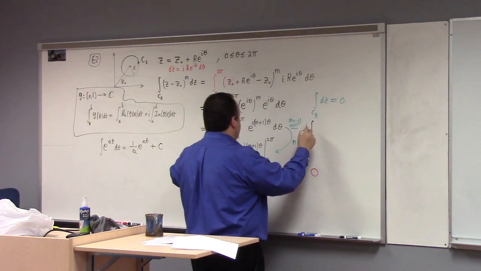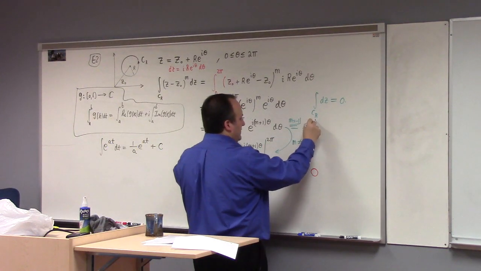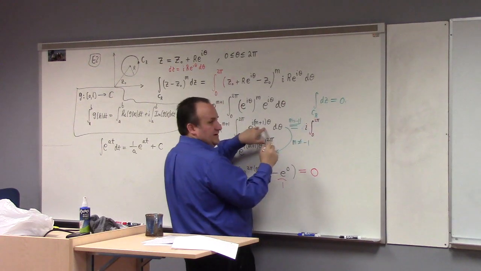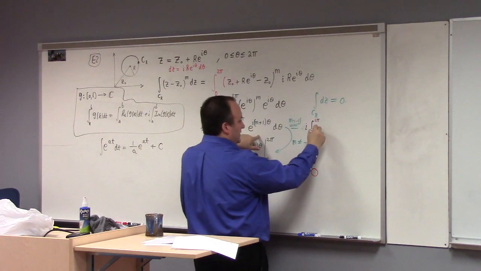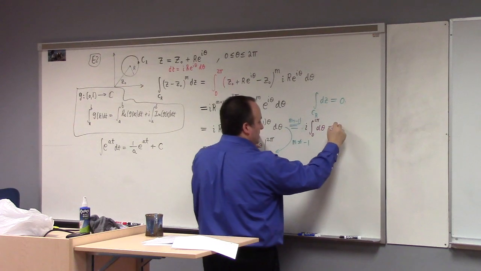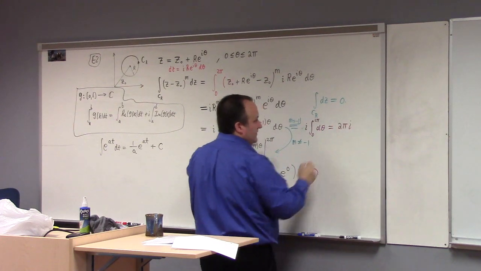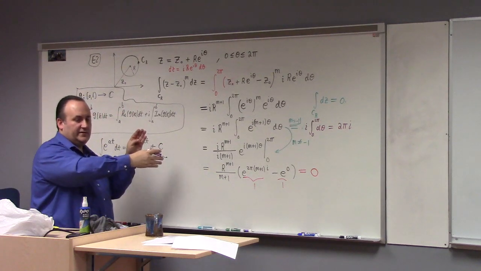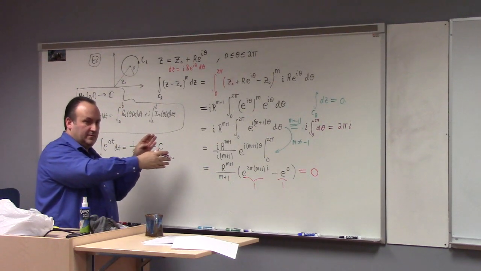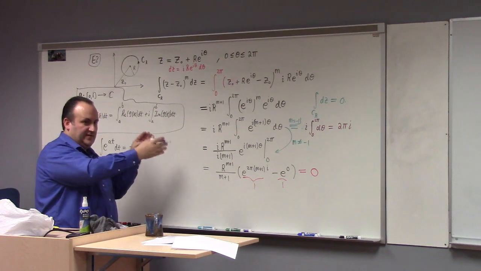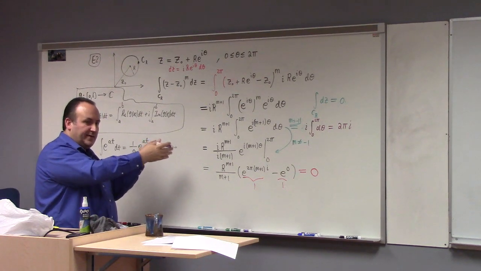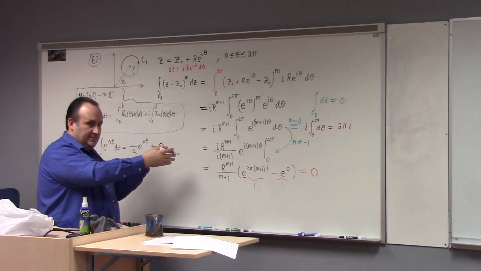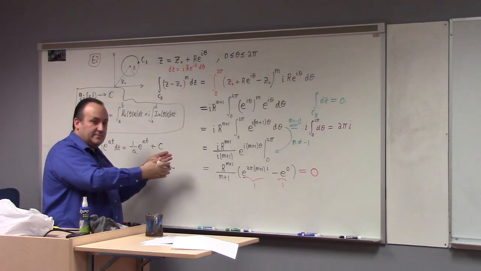And we've got the integral 0 to 2 pi. Right? m plus 1 is 0, so this is just 1. And lo and behold, 2 pi i. Just like example 1. Example 1 is that calculation with z not equal to 0. This is example 1 in the m equals minus 1 case with z not equal to 0.